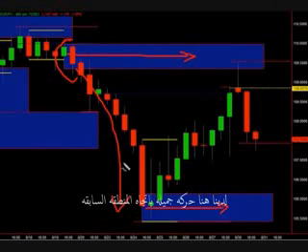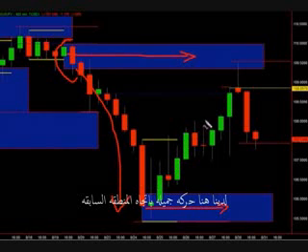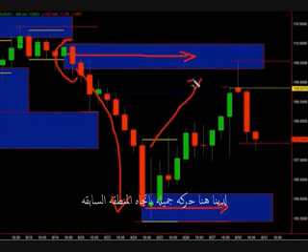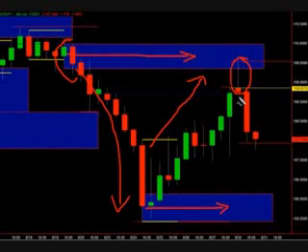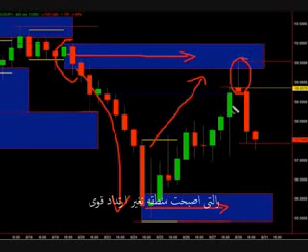Now, we've actually got a nice movement upwards into that previous location. And what we see here is, in this case, a nice reaction off a previously established location of interest, a previous location where the balance of power changed quite dramatically.